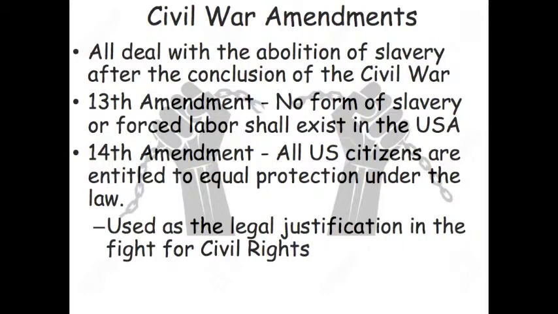We're going to see that the 14th Amendment will be used in the Civil Rights Movement to try to deal with many of the injustices. The 14th Amendment in court rulings, for example, was used to bring about an end to school segregation with the Brown versus Board of Education decision, and then to the legal ban on interracial marriage with the Loving v.